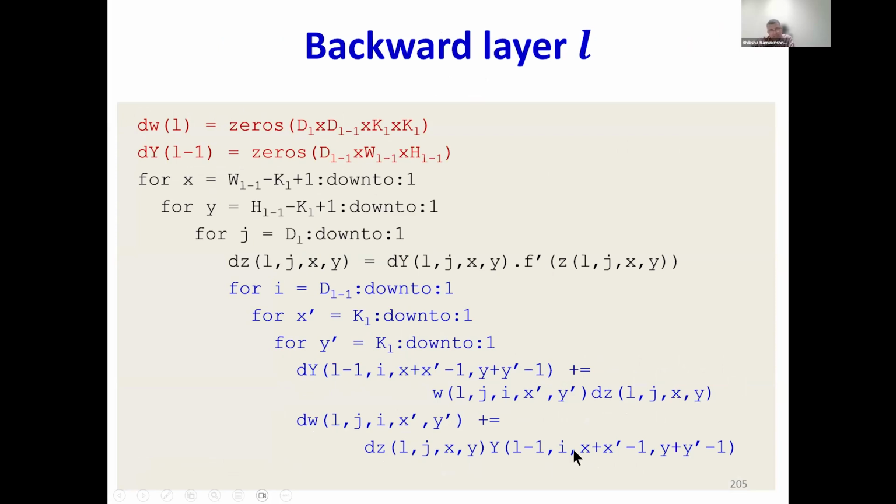I literally just took the code and flipped all the loop indices in their order. And within the loops, I computed the derivative of the last operation. And within the affine computation, where we had z equals w times y, I said the derivative for y equals w times the derivative for z, and the derivative for w equals y times the derivative for z.